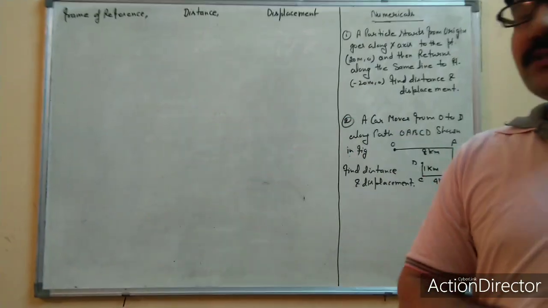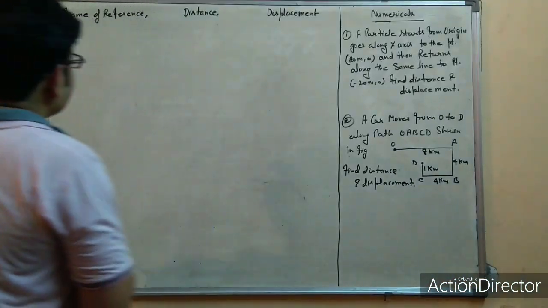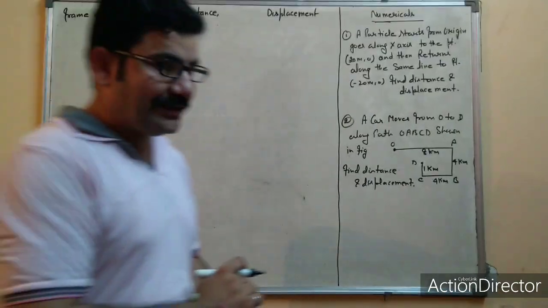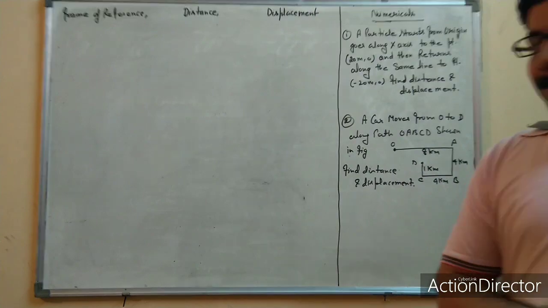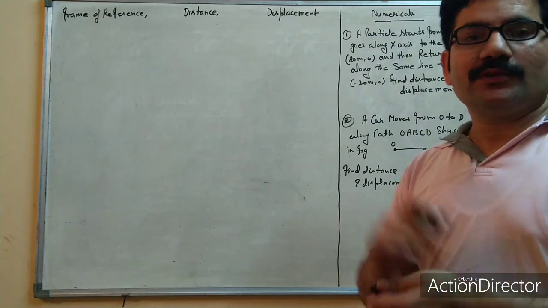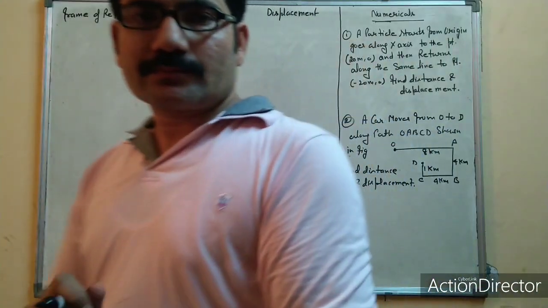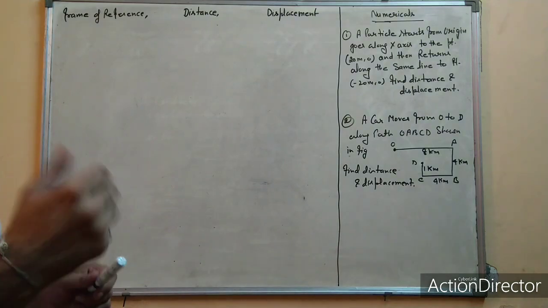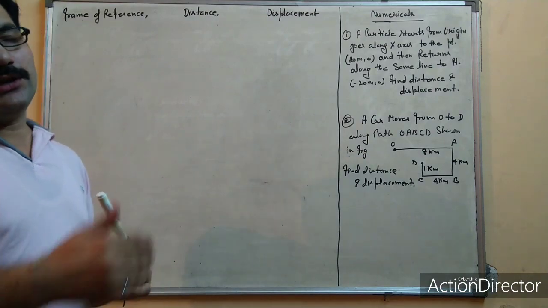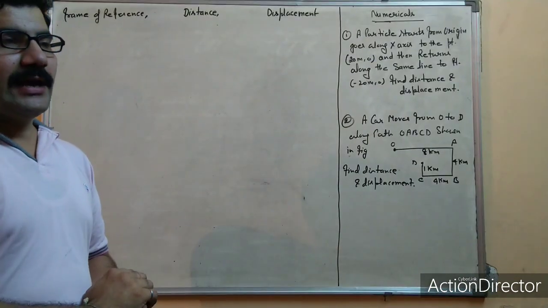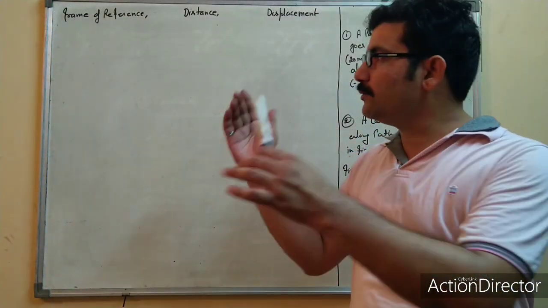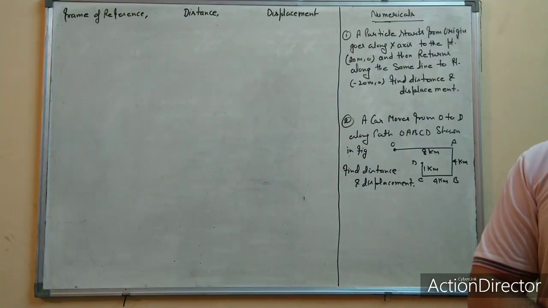In a coordinate system there are x, y, z axes, and all these axes cut at a single point, that is called the origin. For the body whose position we want to check with respect to time, first we have to compare the position of that body with respect to another body and from the origin of the coordinate system. Then we are able to find out the motion of the body with respect to time.